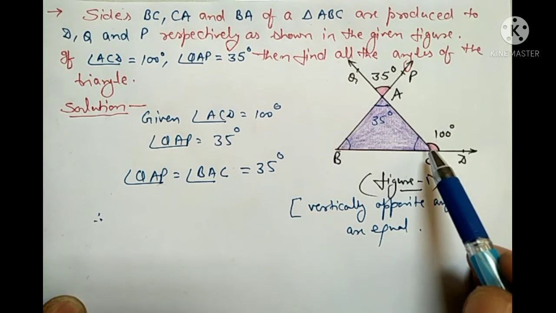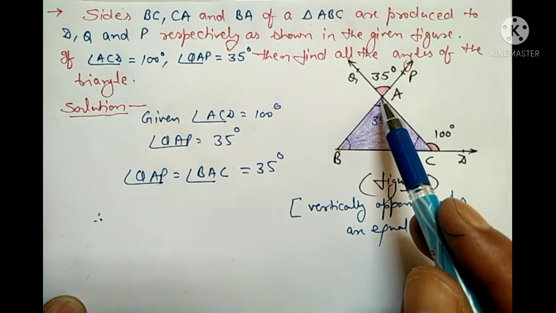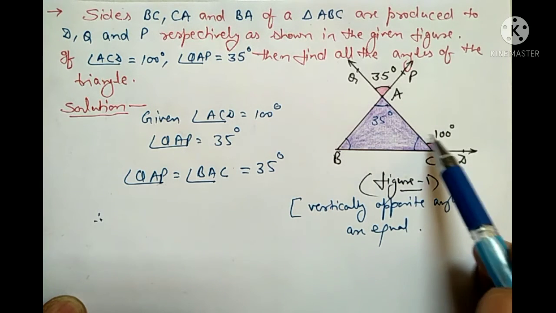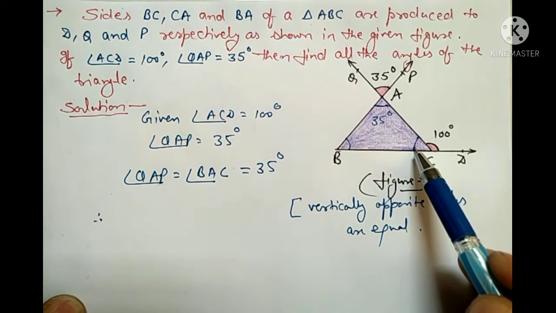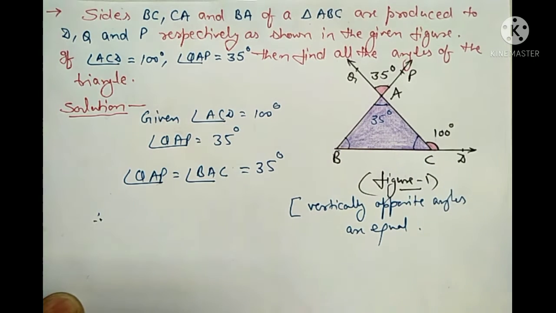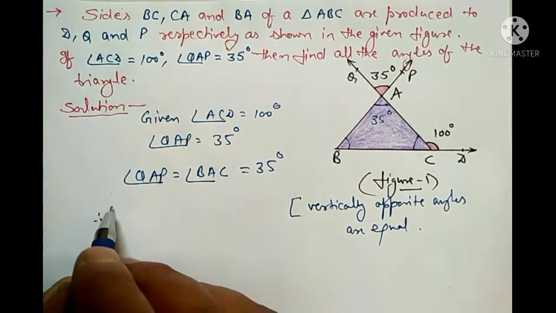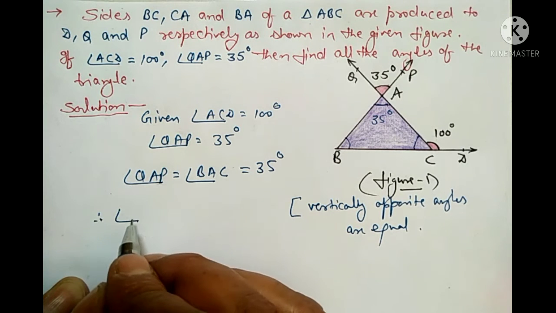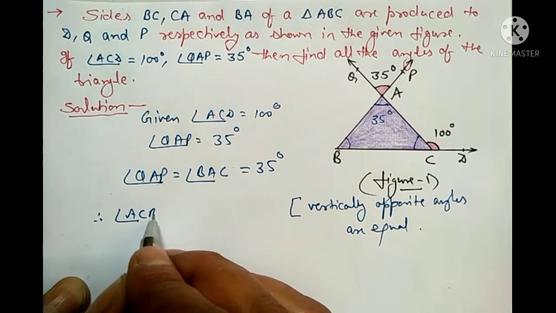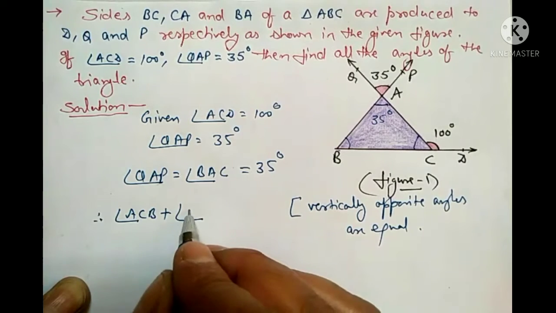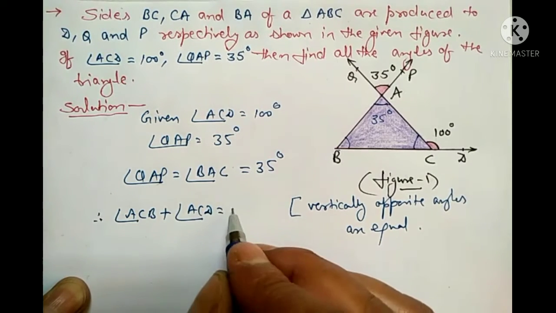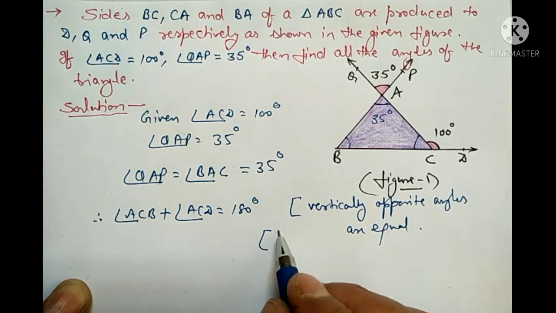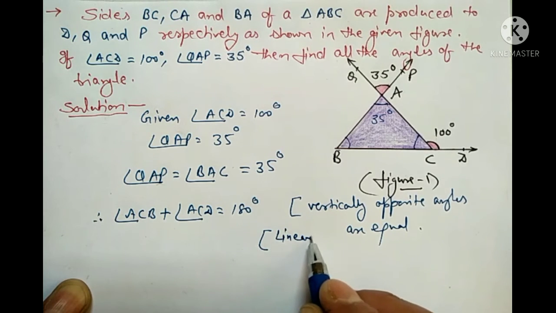BCD is a line, and angle ACB and angle ACD form a linear pair, and the sum of these two angles equals 180 degrees. So by applying this we get angle ACB plus angle ACD equals 180 degrees, linear pair.